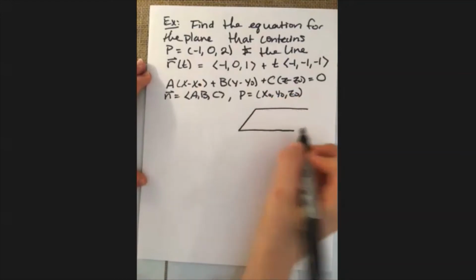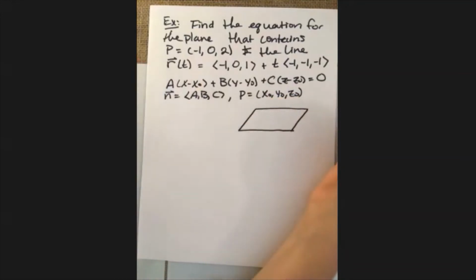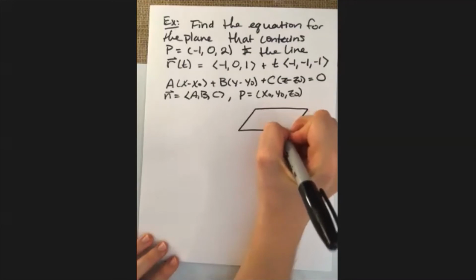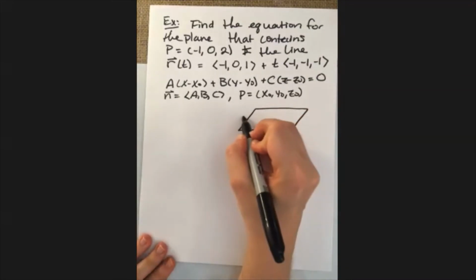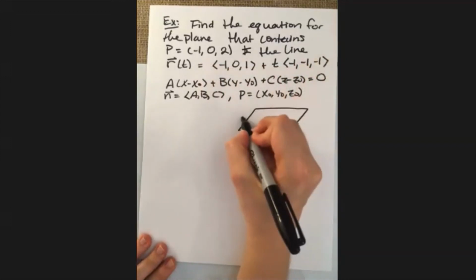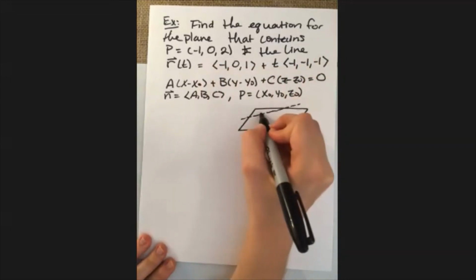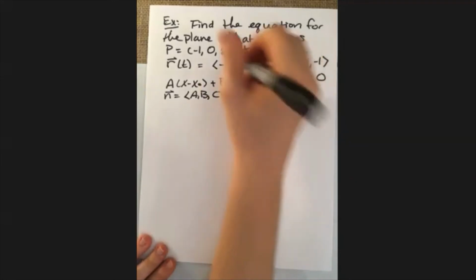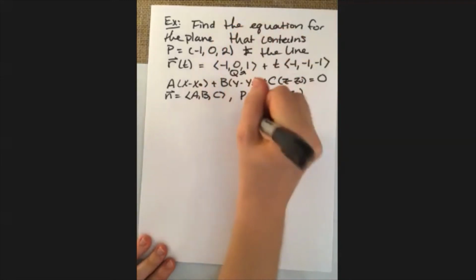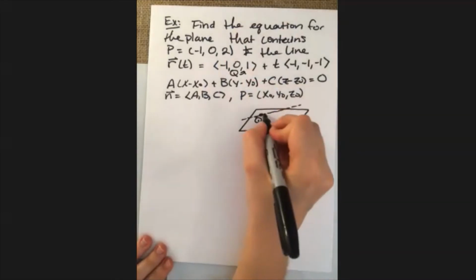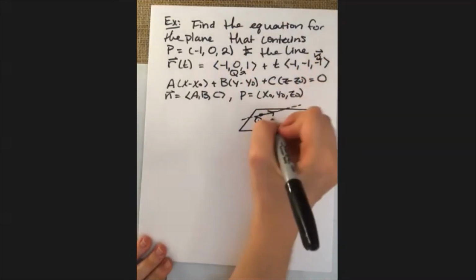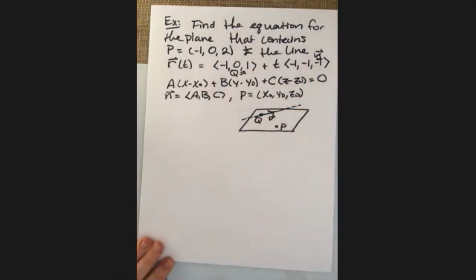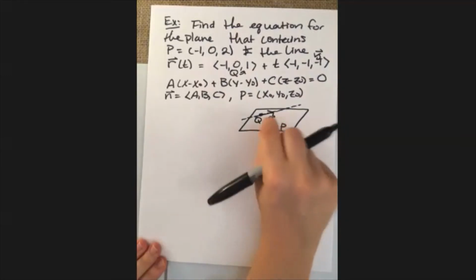So let's suppose that this is our plane. And on this plane, we know a point P. And we know about a line that lies on this plane that, say, passes through the point I'm going to call Q, and points in the direction of the vector, call this V. So we know this vector right here.